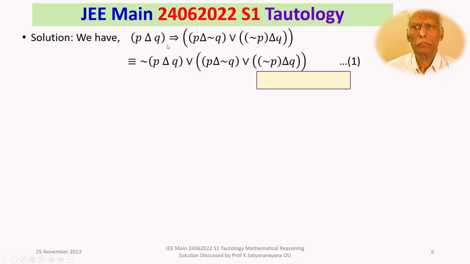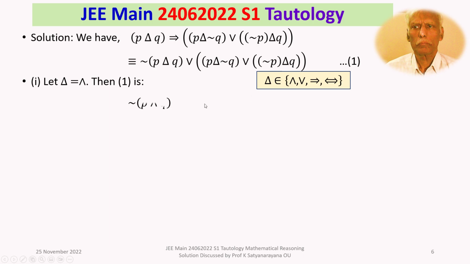So we have that compound statement, and that is equivalent to this, and the delta belongs to these 4 logical connectives. Case 1, the first one, delta is equal to and. Then wherever there is delta, you write and, that is conjunction. So it will be (P and Q) or (P and not Q) or (not P and Q).